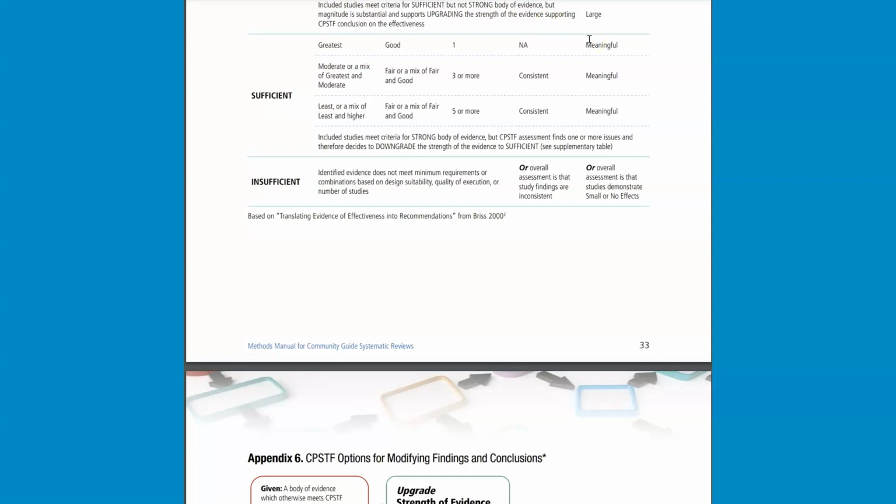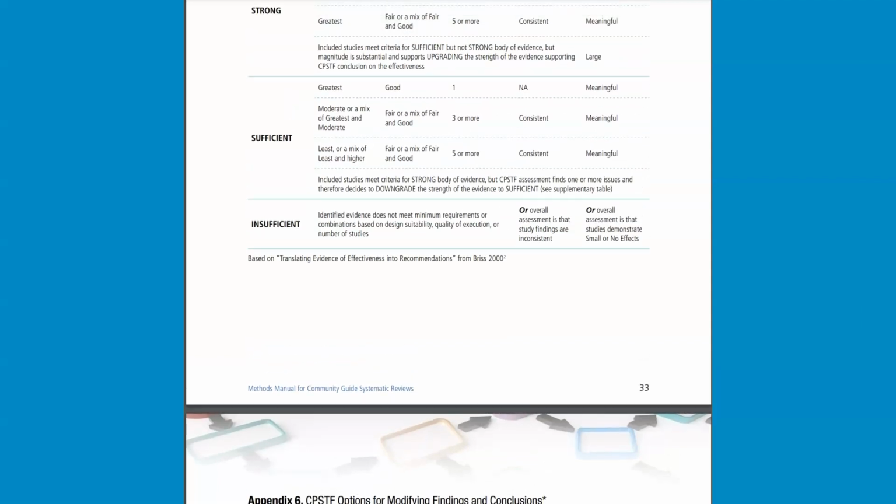So, the strength of evidence and translating evidence of effectiveness into recommendations. This is really important. At what point do we raise the alarm bell? That's the question. When does CPSTF say, okay, these findings that we have just arrived at need to raise the alarm bell, and so we have to modify the recommendations. So this is a sneak peek into how that decision is made.